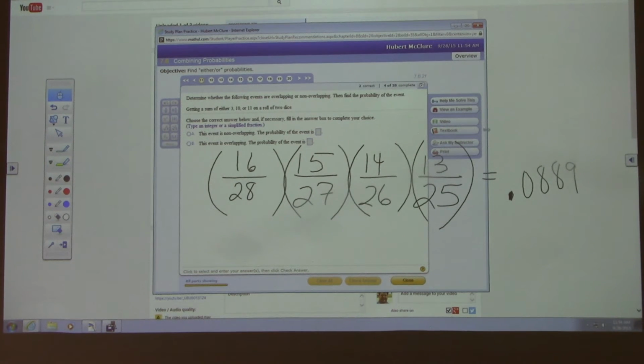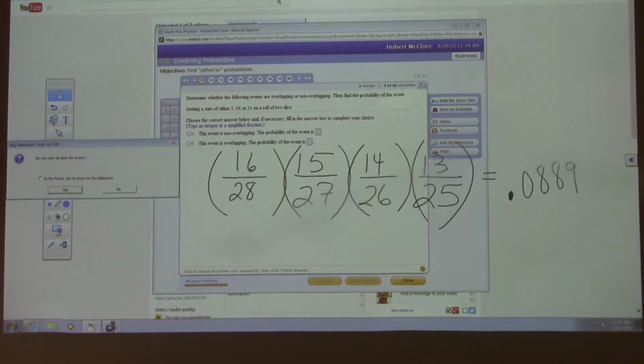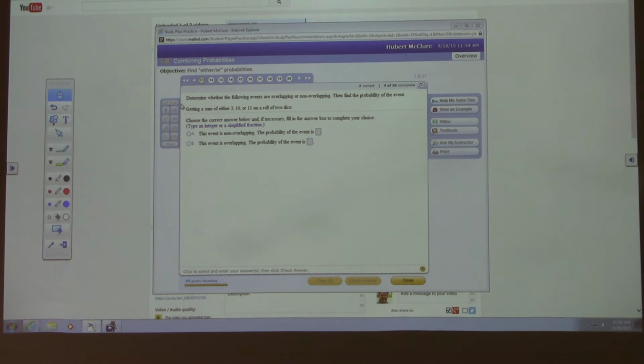Okay, this one, you have to do a sample space. I'm trying to find the button to erase. There we go. Determine whether the following events are overlapping or non-overlapping. That's what I was talking about, Walter. Additive law. This is the additive law.